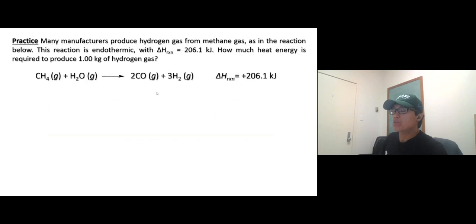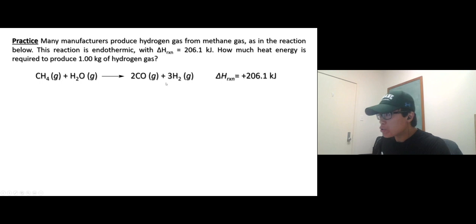And this is what I mean. Let's take a look at the application. Many manufacturers produce hydrogen gas from methane gas. So we have methane gas react with water at high temperature to produce hydrogen gas, as in the reaction below. This reaction is endothermic, so a positive number, okay? And how much heat energy is required to produce 1 kilogram of hydrogen gas?